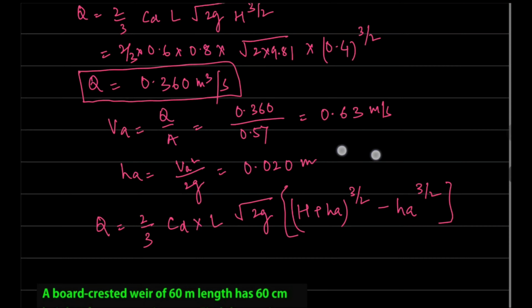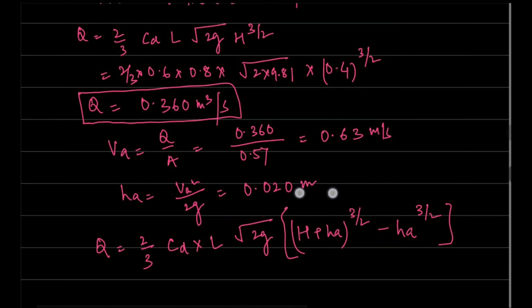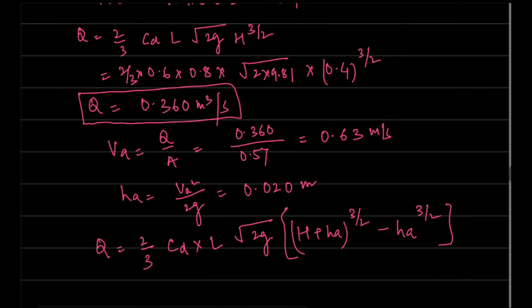So let's put all the values, and after putting all the values, the Q value comes out to be 0.3841 meter cube per second. So that is our answer.